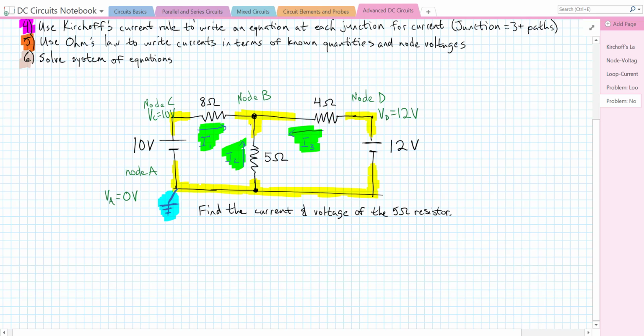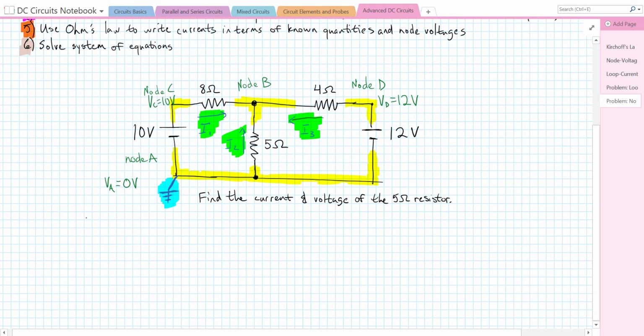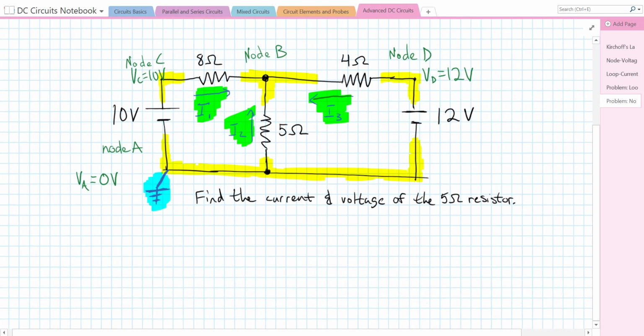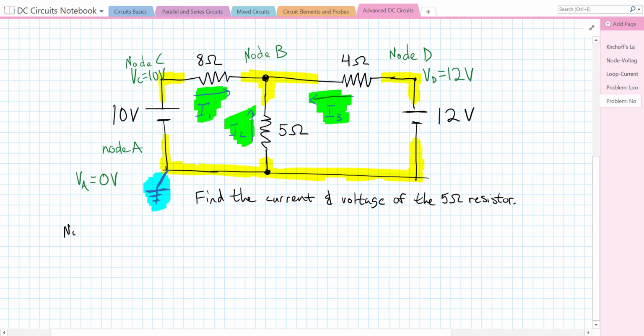So that's going to be node B or node A. So let's get that set up. Node A is going to be the easiest, and in fact, I'm going to zoom in a little bit. Node A. Kirchhoff's current rule says current coming in equals current going out, and we're going to use that to find the voltage. But at node A, we already know the voltage. Since that's the ground, there is no equation needed.